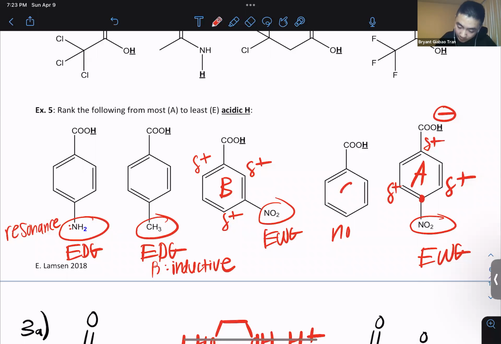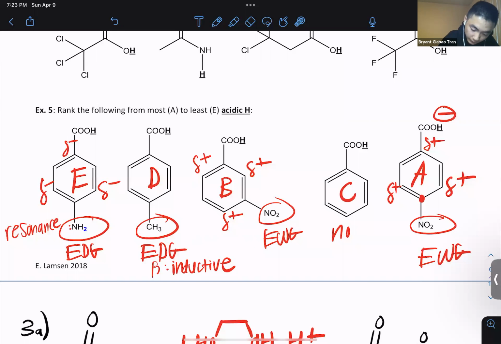Then we'll have the neutral one with no group, and then the next most acidic would be the one that would donate the least electrons. So since this R group is donating via inductive effects, not giving a full negative charge, this compound here would be more acidic than the compound that is actually giving a negative charge to the system.